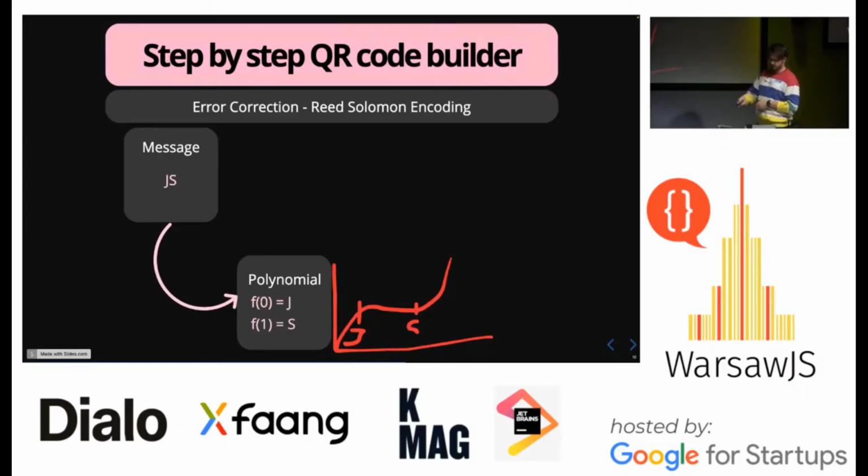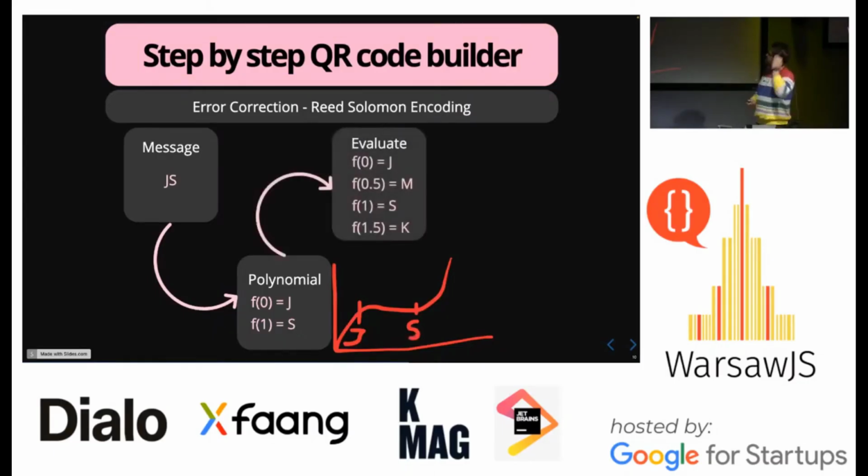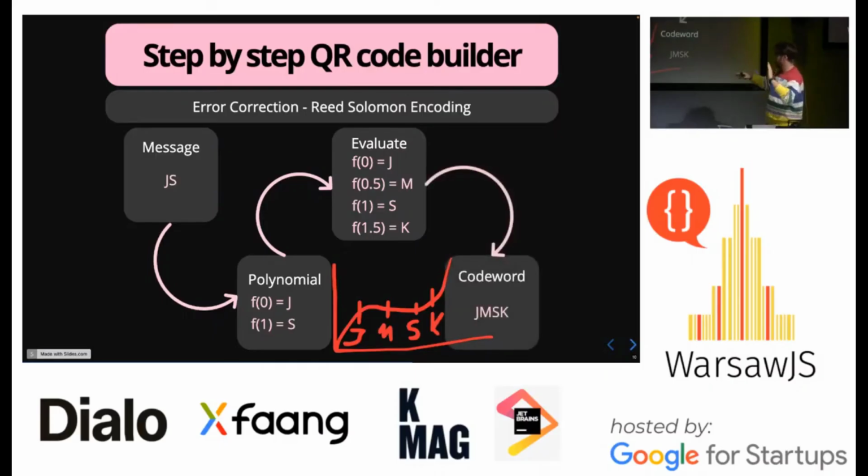Then we give extra symbols, extra values. One will be here, M, and one will be here, K. Great. And then we have the code word JMSK.